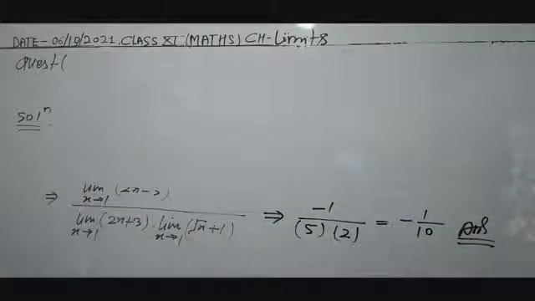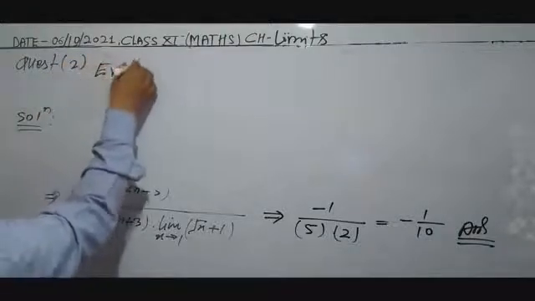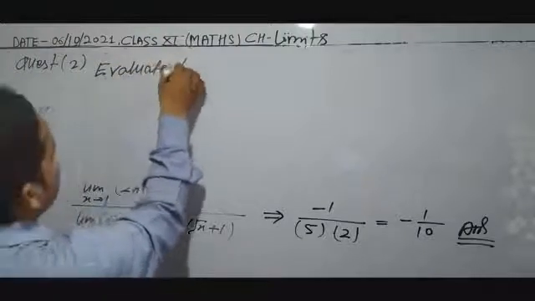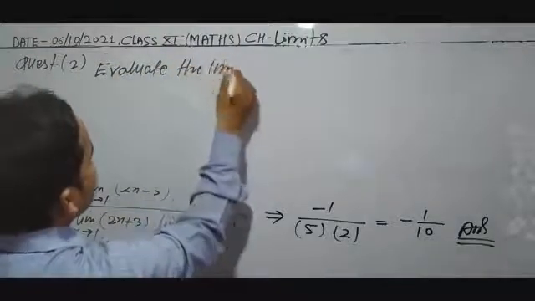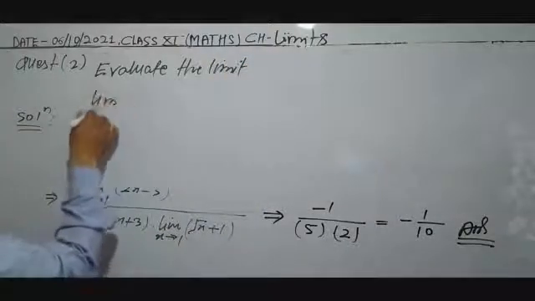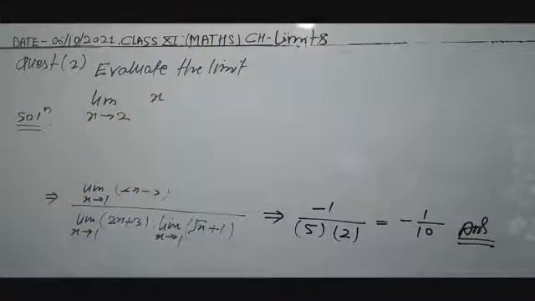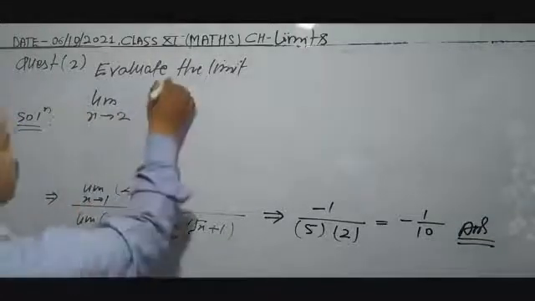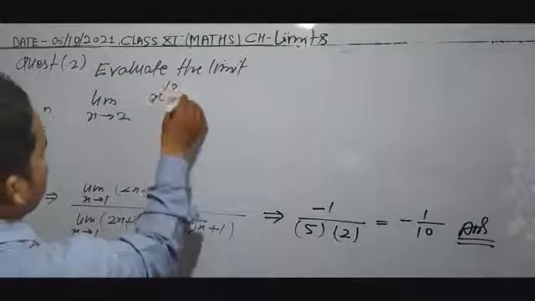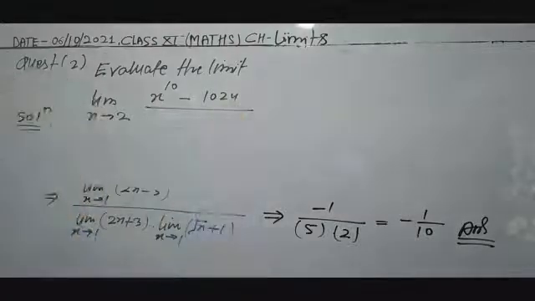Question is, evaluate the limit x tends to 2, (x to the power 10 minus 1024) whole upon (x minus 2).